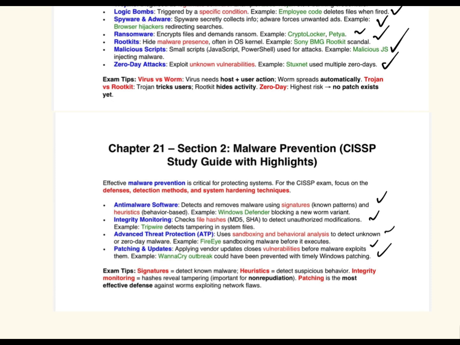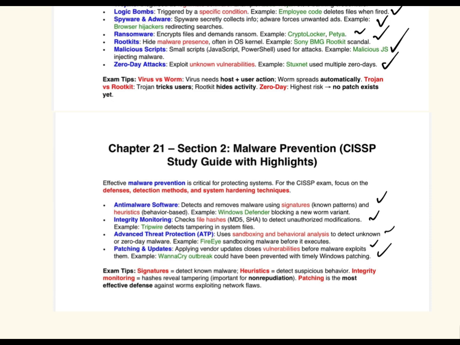Now let's conclude our discussion. Signature detection matches known malware patterns from a virus database. Heuristic detection detects unusual, suspicious behavior, behavior-based scanning. Integrity monitoring detects file tampering, Tripwire for example.